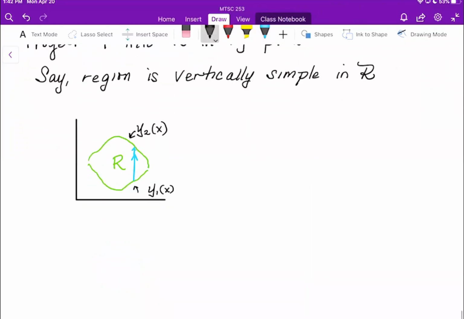So I'm going to get y1 of x is less than or equal to y is less than or equal to y2 of x. And then x is between some a and b.